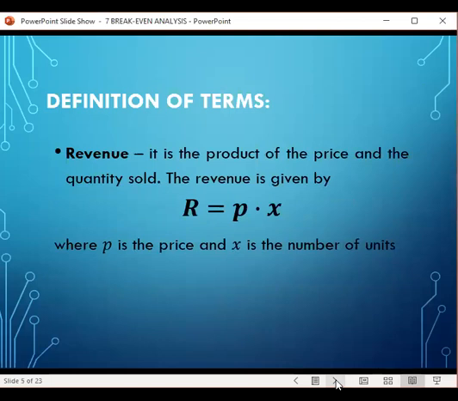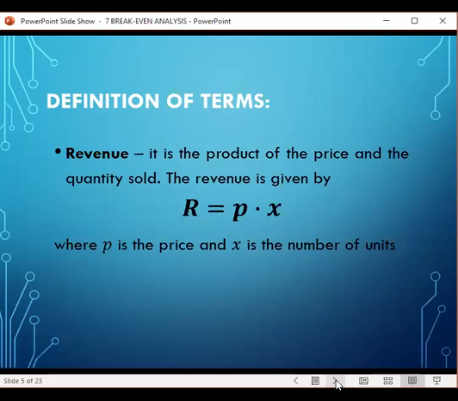Also, when we talk about the revenue, it is the product of the price and the quantity sold. This is given by the formula R is equal to small p multiplied by X. The small p is the price and X is the number of units. That's the revenue. So for example, the price of a cup of coffee is 50 pesos, and there was an order of 10 pieces or 10 cups of coffee.